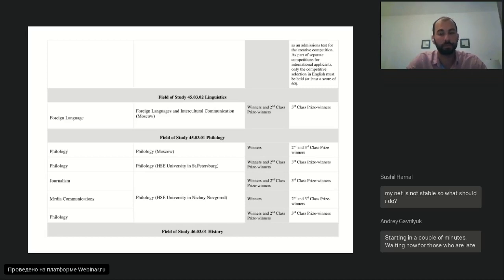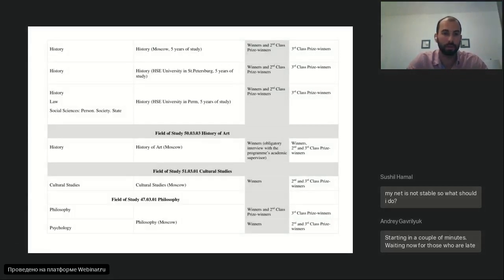But I would say that these rules, these examples of admissions, are not uniform, but just growing from year to year. So the rules are very likely to be very similar to these ones.